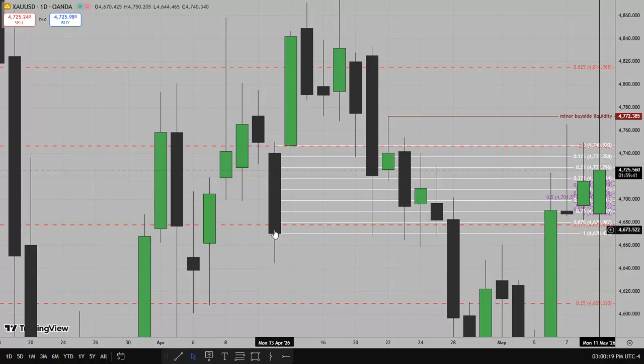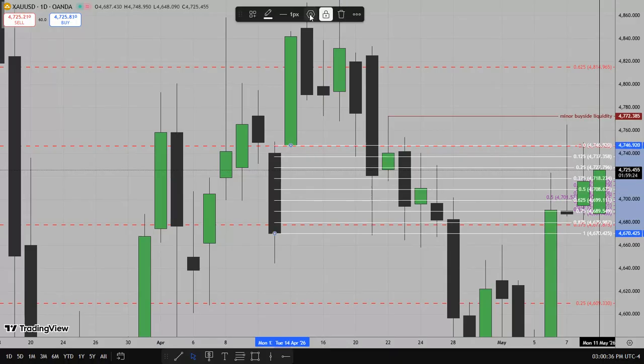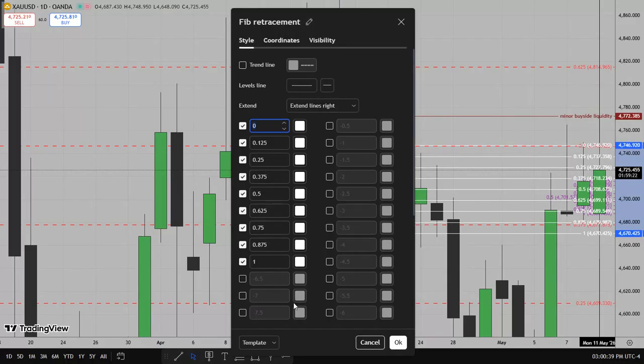We have these closed here at 4,740 and these open here on Tuesday at 4,446.920. So we have these levels there. Those are fib levels. You can take a screenshot of that.